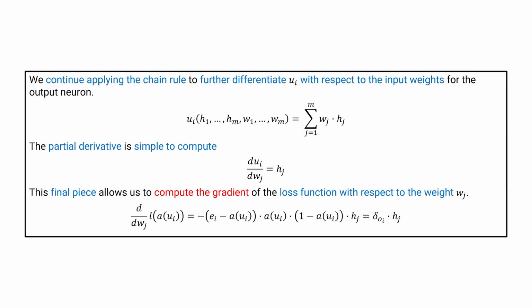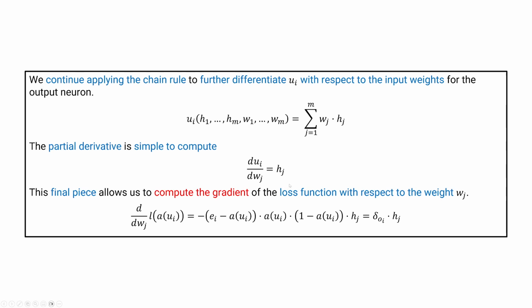So now let's assume we've got our u_i function and we're going to compute the derivative of u_i relative to weight j. Well, since it's just a simple weighted sum, it's very straightforward to see that all the other terms, we're taking the partial derivative again, so all those other terms become constants and are thrown away, and the only term that has the weight we're concerned with is w_j h_j, and taking the derivative of that just gives us h_j.